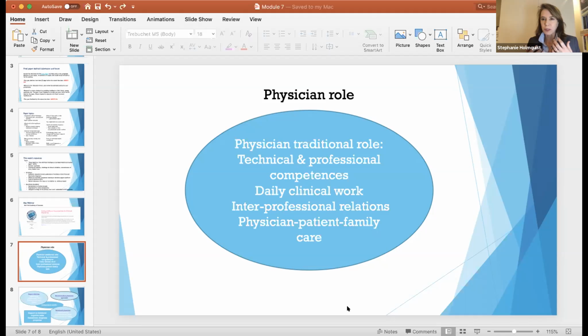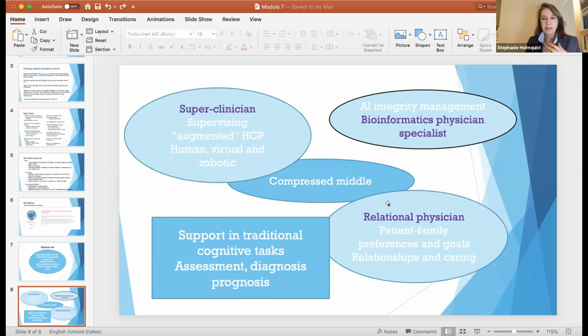It's that personal relationship with physicians that often is the most important part of our patient experience or of a family's experience. As our medical environment becomes more AI enriched, we may see a kind of splitting up of the physician role. So we may see the kind of super clinician who is augmented by AI tools and decision and predictive tools.